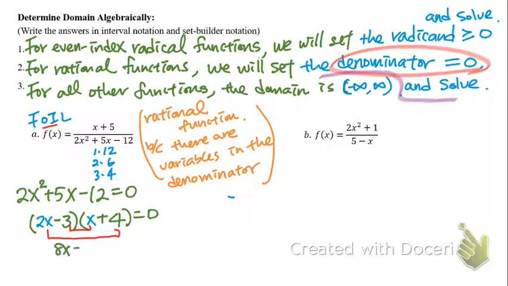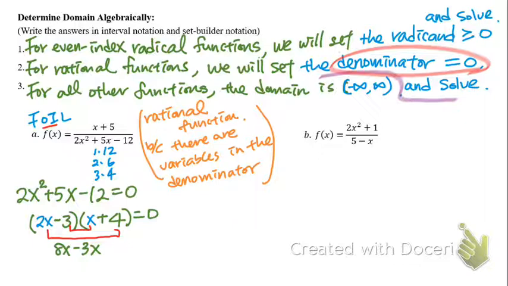Negative 3 times x is negative 3x. And that gives us 5x. And then negative 3 times 4 is negative 12. So those are the correct factors here.